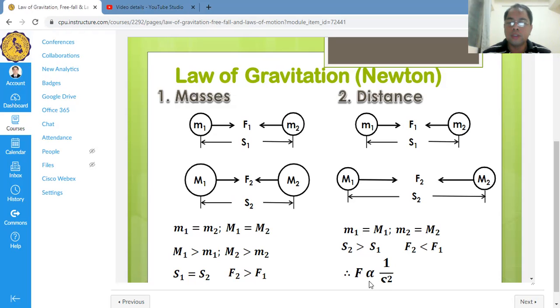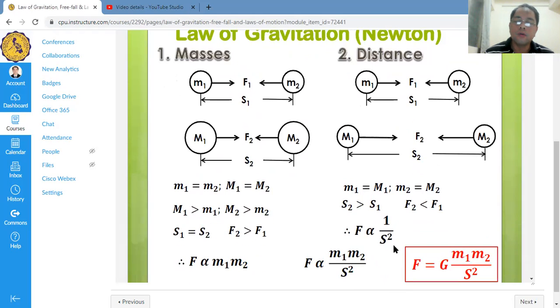So in terms of distance, the force of attraction due to gravity is inversely proportional, while the mass is directly proportional to the degree of the gravitational force. In terms of one equation, there's this G value that is equivalent to something like 6.67 times 10 to the negative 11.